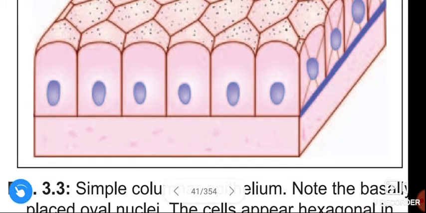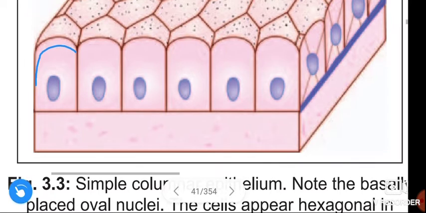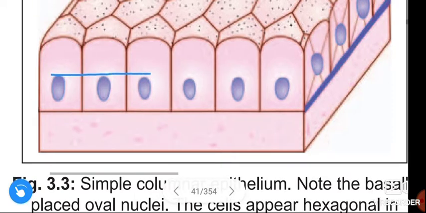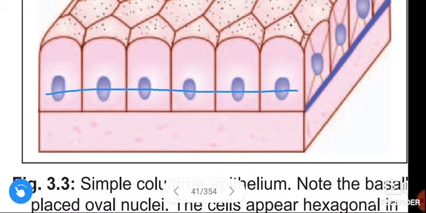In sectional view of the simple columnar epithelium, the cells appear rectangular. See, all the cells look rectangular. And the nuclei are oval shaped, present in the lower half of the cells and arranged at the same level.